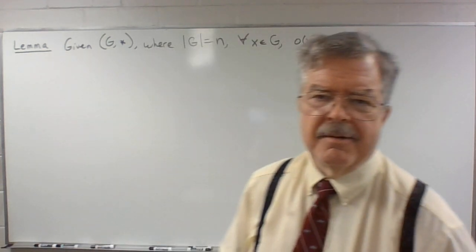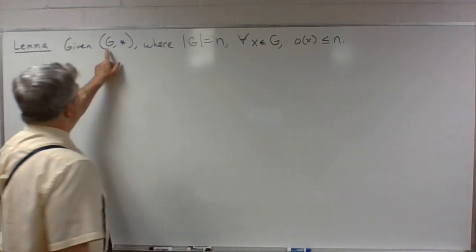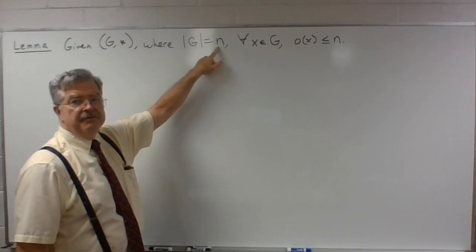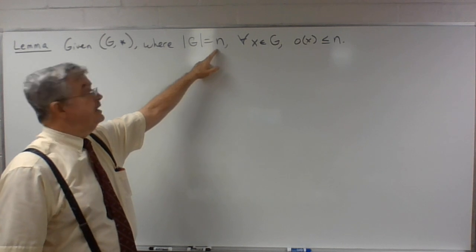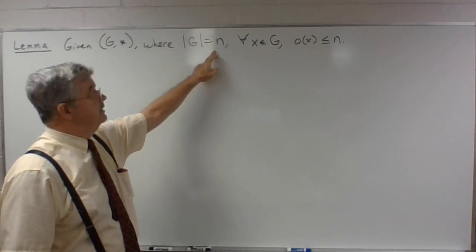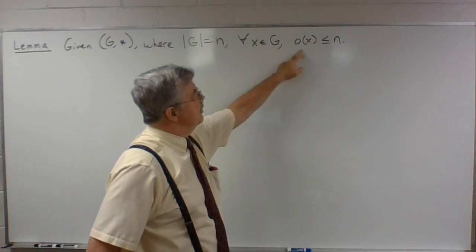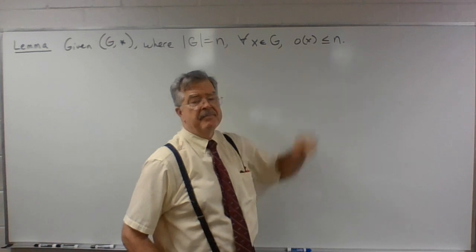Okay, another theorem, or a lemma. We have a group G of finite order, where the order of G equals n. And what that means is that G has n elements. Then for every element x of G, the order of x has to be less than or equal to n.